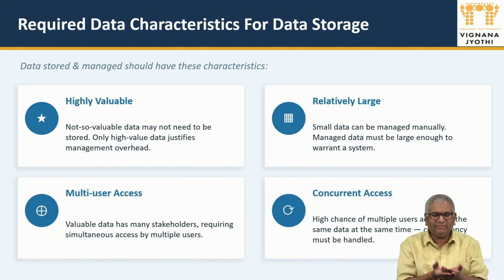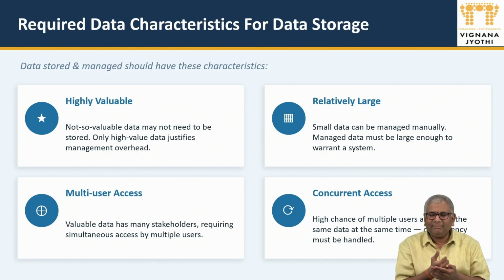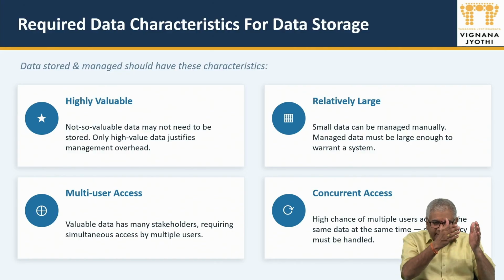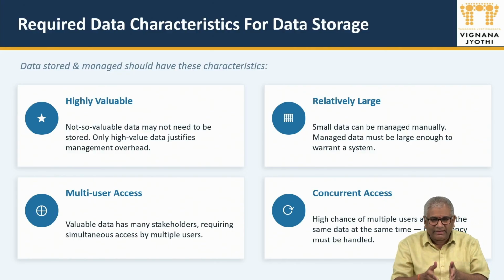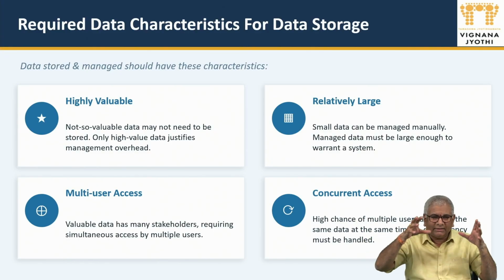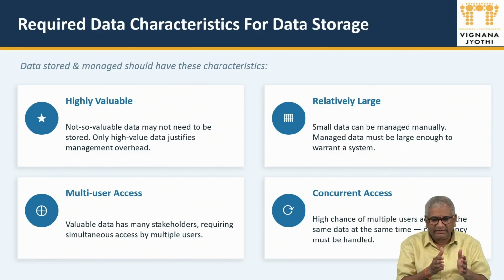Now, highly valuable means what? The data that we get is very, very important data, and it needs to be kept in a proper way. For example, when students join a college, you want to take all their names, phone numbers, their addresses, their father's name, phone numbers, their inter marks or whatever it is, the ranks. All this information is very, very important.